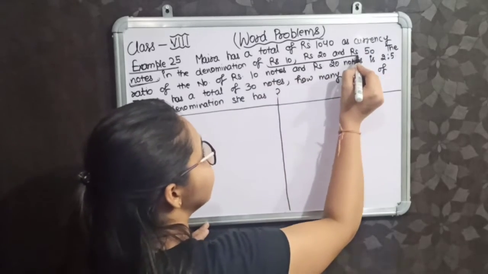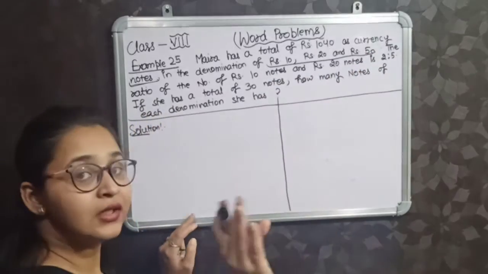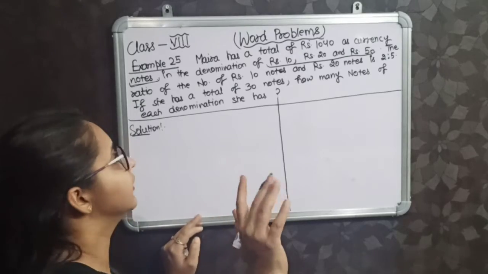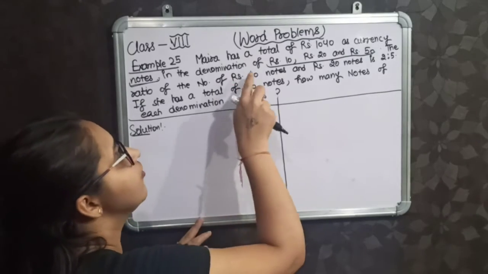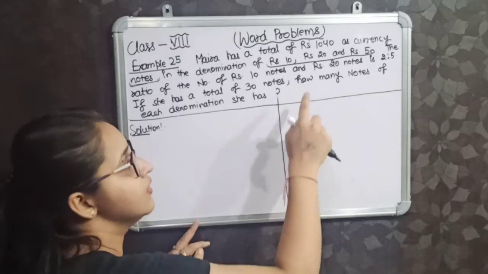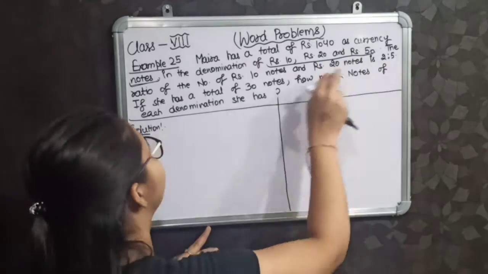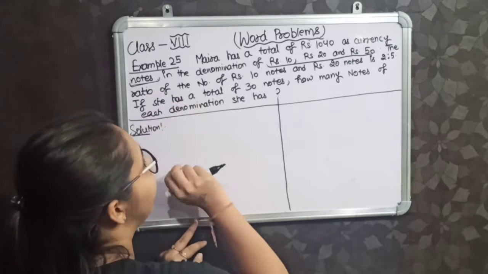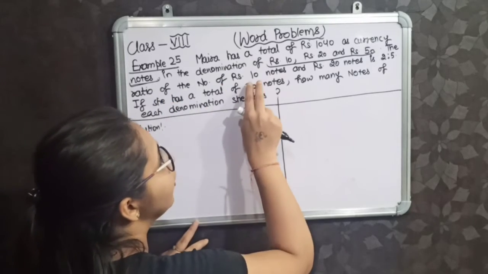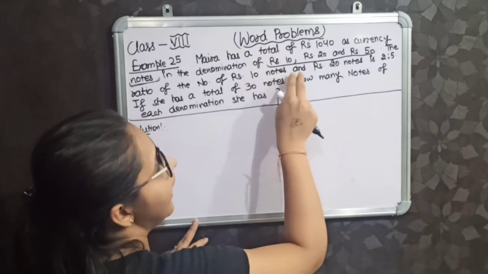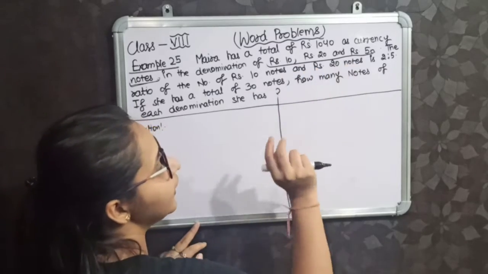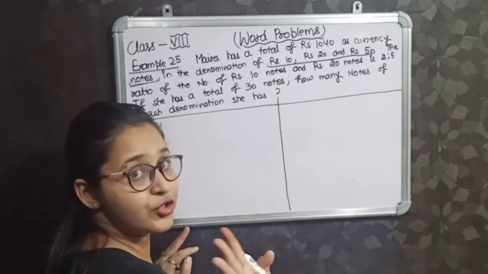It means there are three types of notes. First is rupees 10, second is rupees 20 and third is rupees 50. Now the ratio of the number of rupees 10 notes and rupees 20 notes is 2:5.